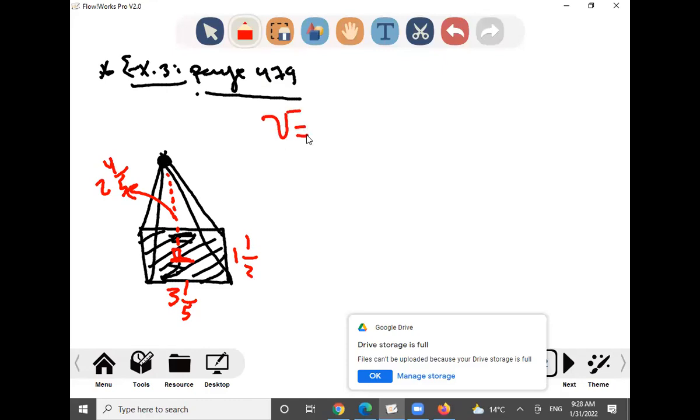V equals 1 over 3 BH. This is for B and this is the H. B is the base area, so go to the base. What is the base here? A rectangle, right? So what's the area of the rectangle? Length multiplied by width.